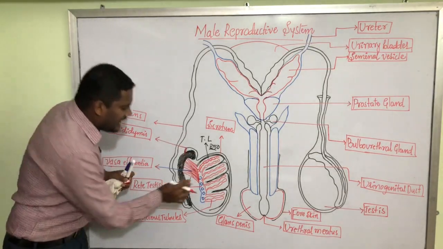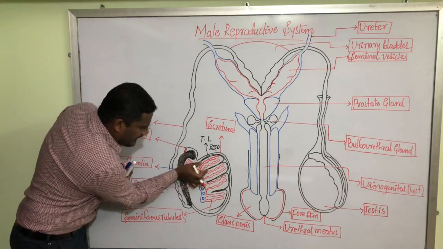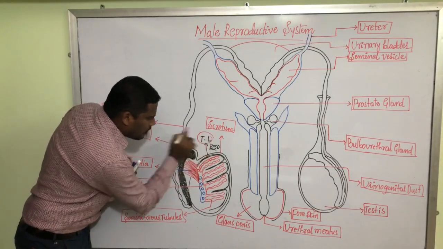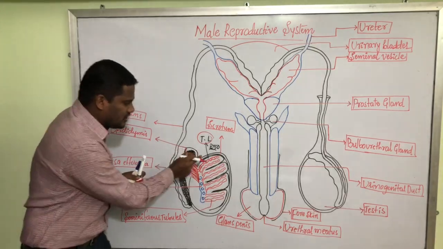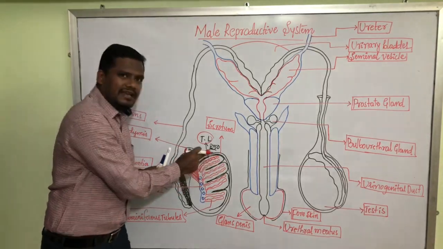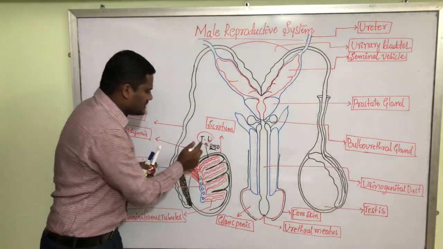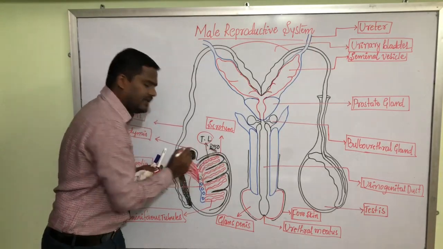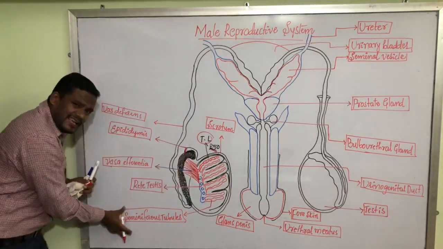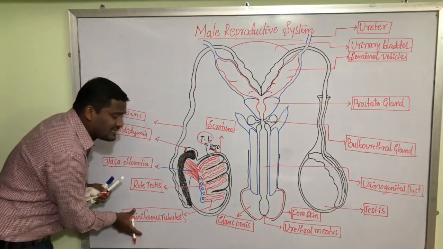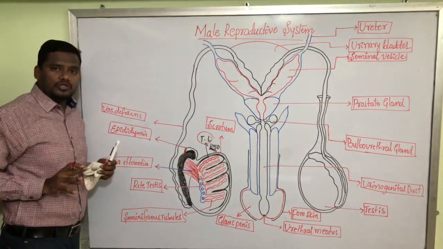What is a testicular lobule? A testicular lobule is a chamber in the testis. Such testicular lobules are 250 in number, and these seminiferous tubules are present inside the testicular lobules.